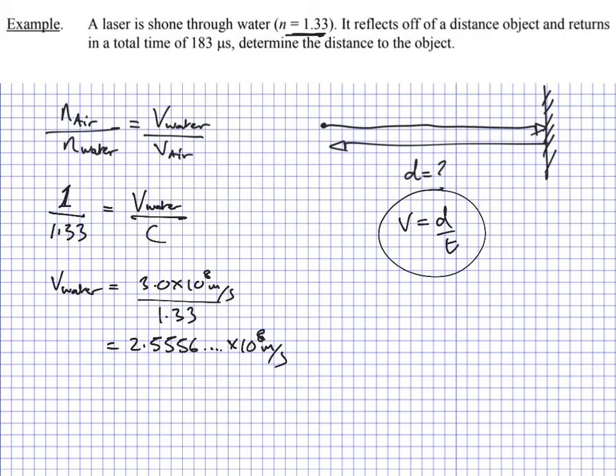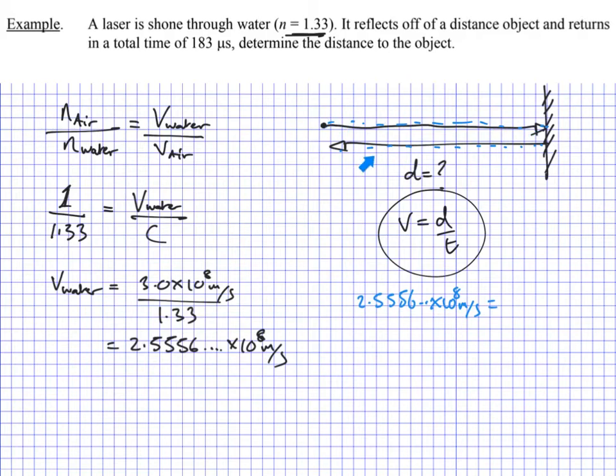We know the speed, so let's go ahead and put this in right away. So 2.5556 times 10 to the 8 meters per second is going to be equal to the total distance, so all the way there and all the way back. Okay, and that's important because we are told that it reflects off the distant objects and returns in a total time.